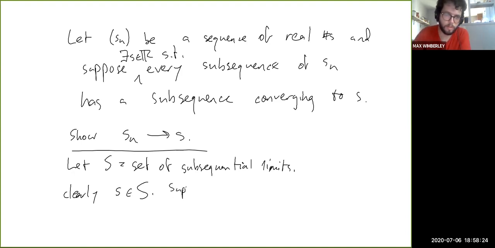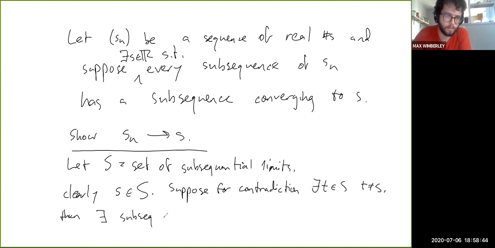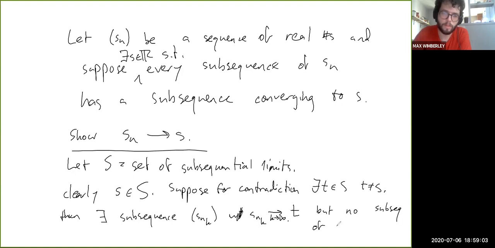So suppose, for contradiction, that there exists a T in capital S with T not equal to s. Then there exists a subsequence s_{n_k} converging to T as k goes to infinity, but no subsequence of this can converge to s, right?